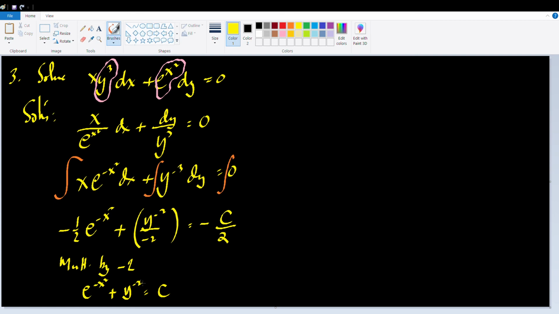If you want, we can write this as 1 over e raised to x squared plus 1 over y squared equal to c. So multiply everything by e to the x squared y squared, we get y squared plus e to the x squared equal to c y squared e to the x squared.